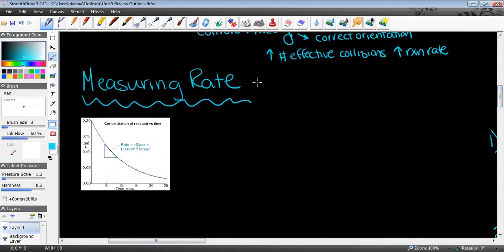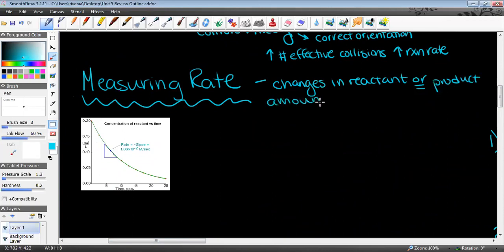We can measure rate by looking at changes in reactant or product amounts over time. Right?